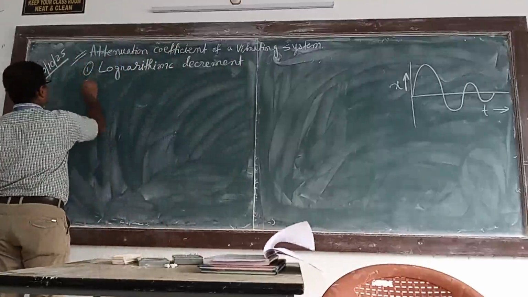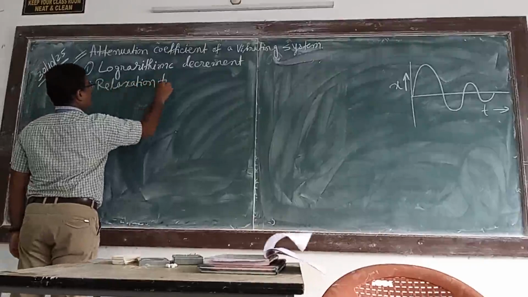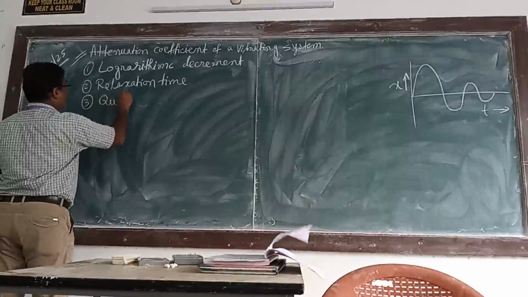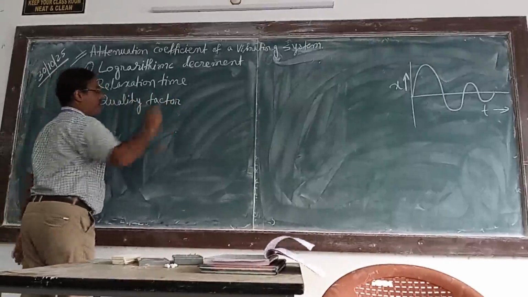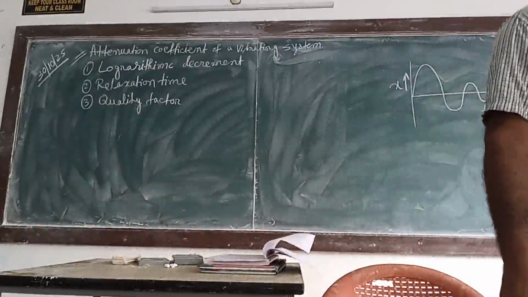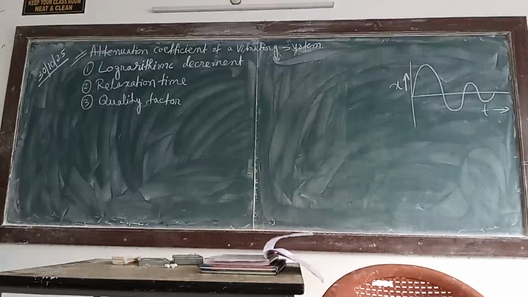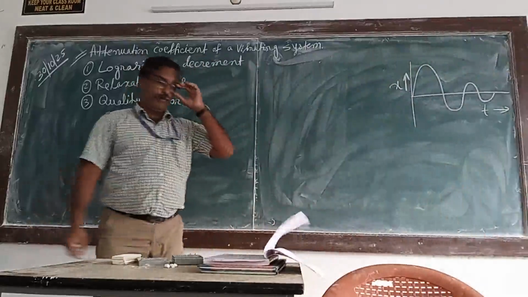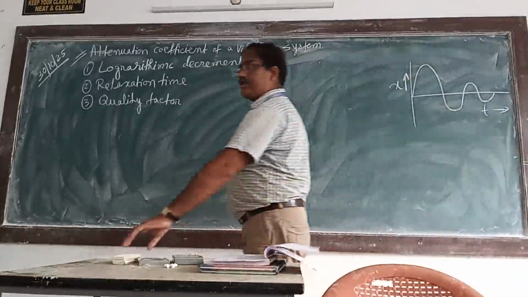Number two, relaxation time. And number three, quality factor. Okay, so these three are the attenuation coefficient of a vibrating system, which describes how quickly the amplitude of vibration decreases.